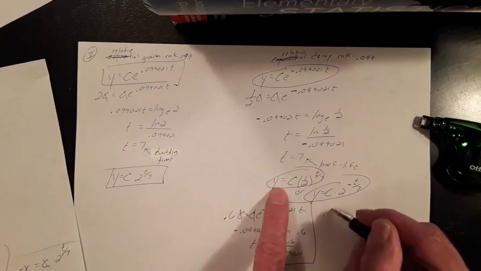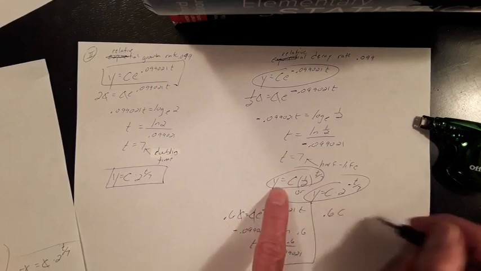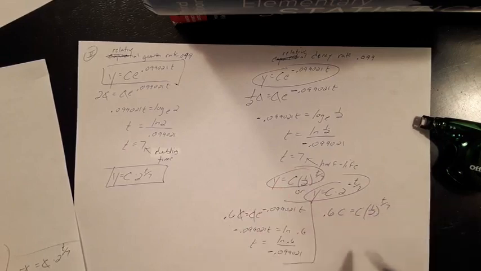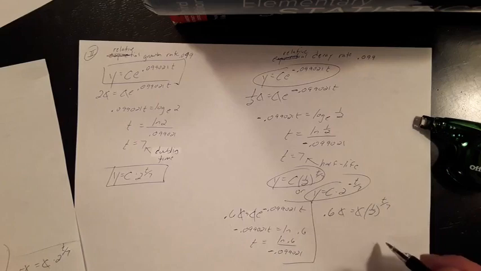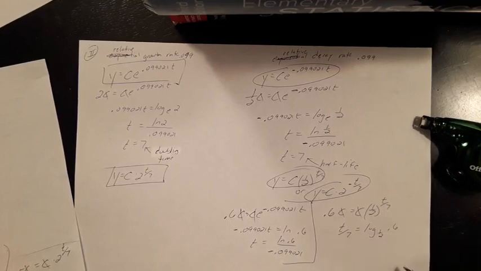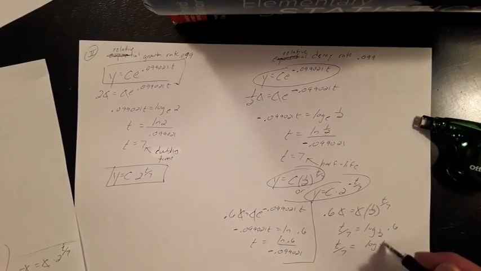Well, that means this is still 0.6C over here. And the C still divides out, and now the exponent is written as a log. Now this is a log base a half of 0.6. Well, now you need the change of base formula to say this is the log of 0.6 over the log of a half. Then multiply both sides by 7.